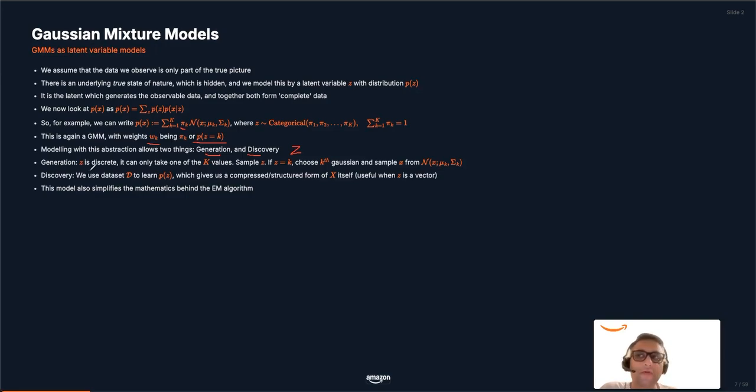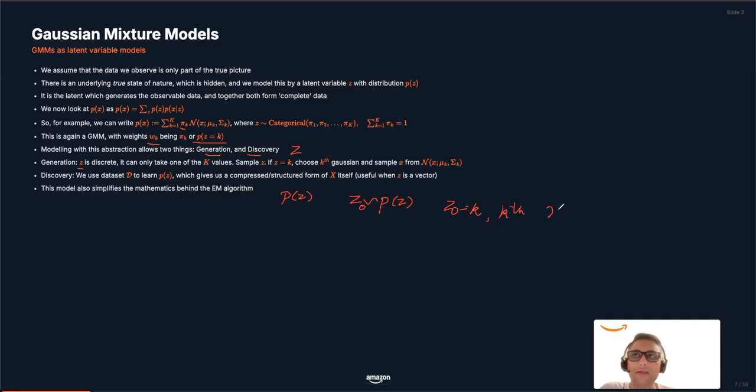Suppose I want to generate a sample from a latent variable model, what would I do? I have some z and I have some distribution p of z. I will first sample z from p of z, and suppose that value is z naught. If z naught is equal to k, I will take the kth Gaussian and sample from it.